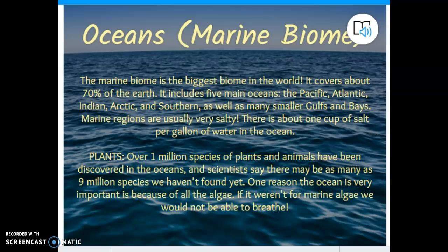If it weren't for all of the algae in the oceans, we would not be able to breathe. It is vital that those algae are releasing the oxygen into the atmosphere. It's vital for the oceans to survive that the algae are there to begin the food chain for many, many animals. So algae is an extremely important thing in our marine biome, or the oceans.